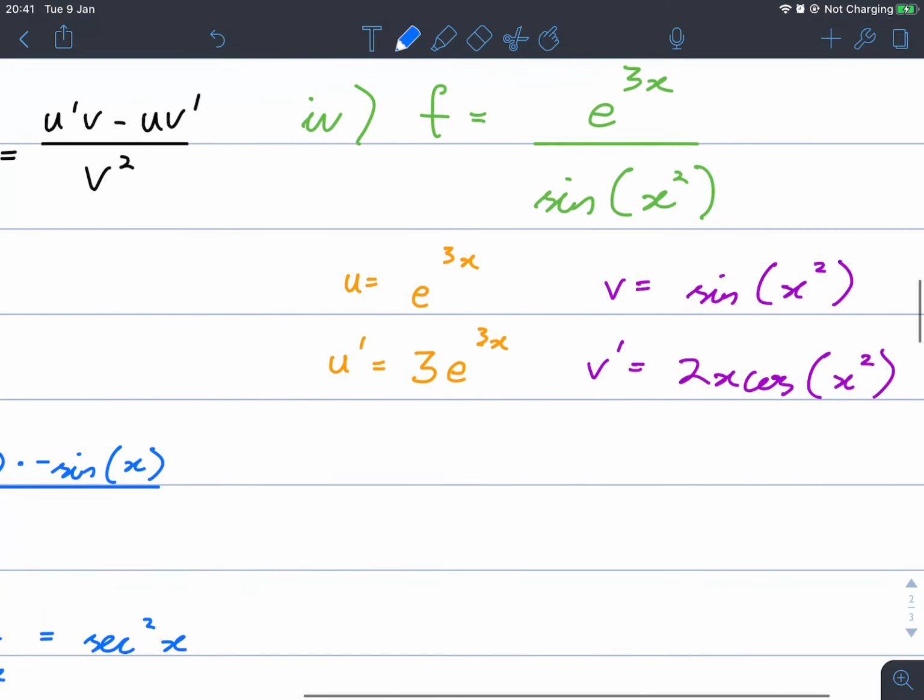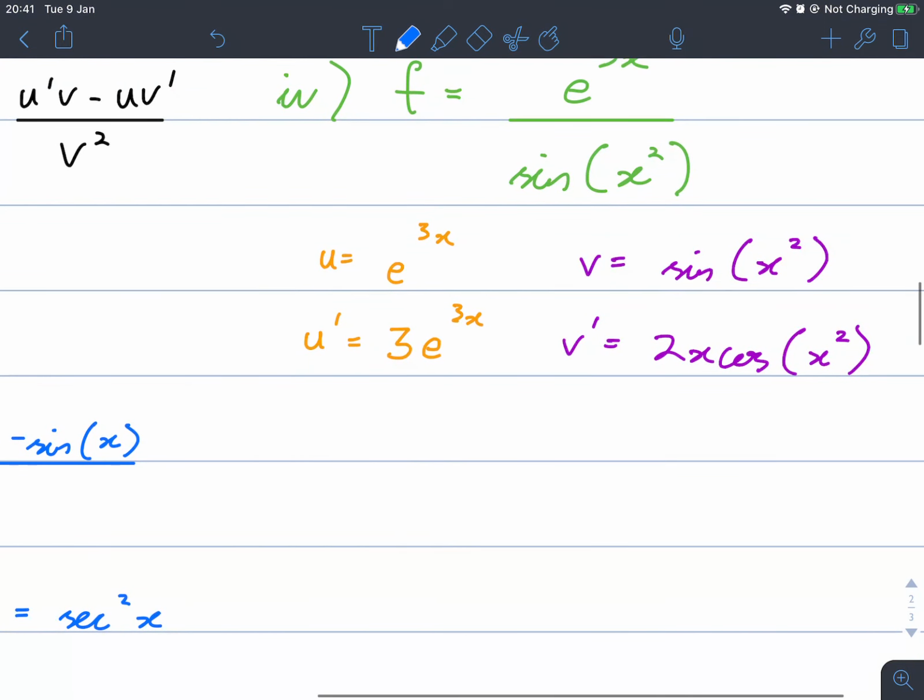Putting everything together, here's my rule in the top left corner. F prime is equal to u prime, 3e to the 3x, times sine x squared. So let's bring that together. 3e to the 3x times sine of x squared minus, okay, uv prime.